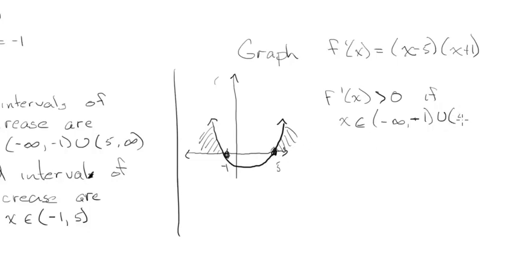You're just looking at the graph where it's above the x-axis and where it's below the x-axis. And f prime at x is negative if it's below the x-axis, which is here. So that's between -1 and 5. So if x is between -1 and 5.